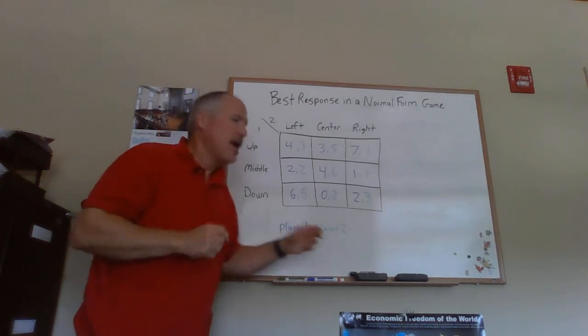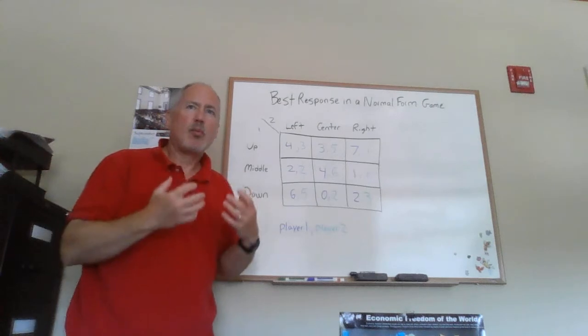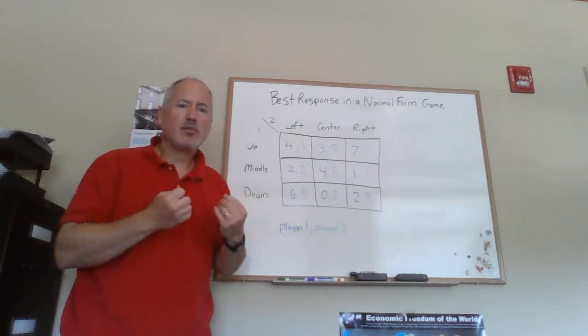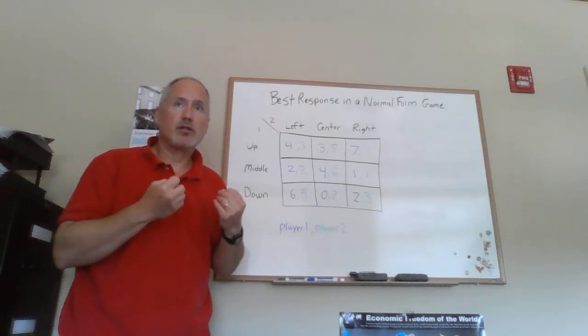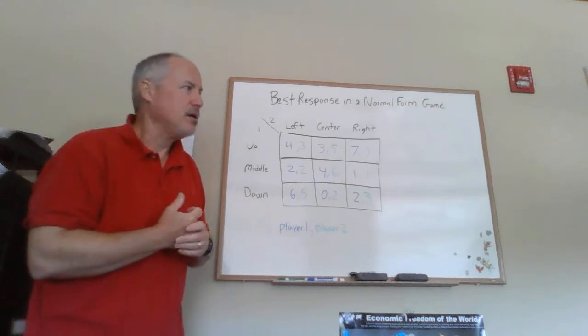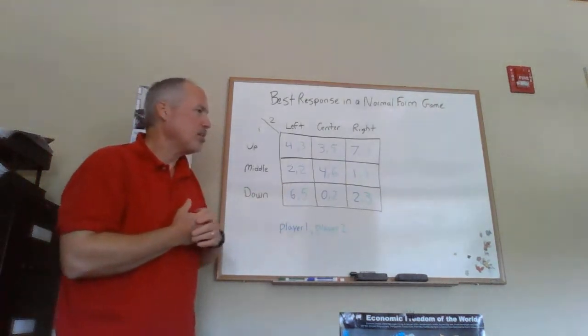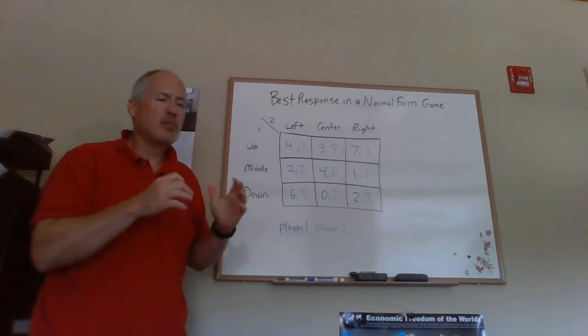Now, the key to figuring out strategically how players will want to play this game is this idea of a best response. In thinking through the problem that a player faces here, we let each player proceed as follows.